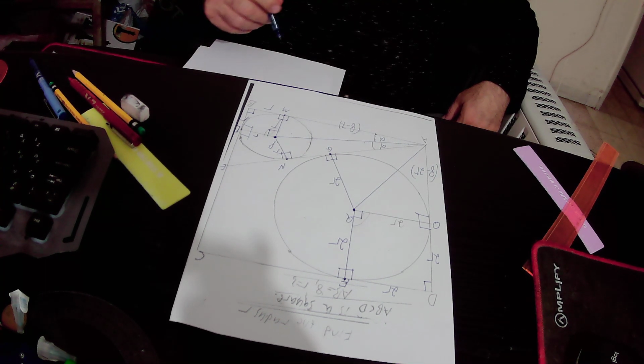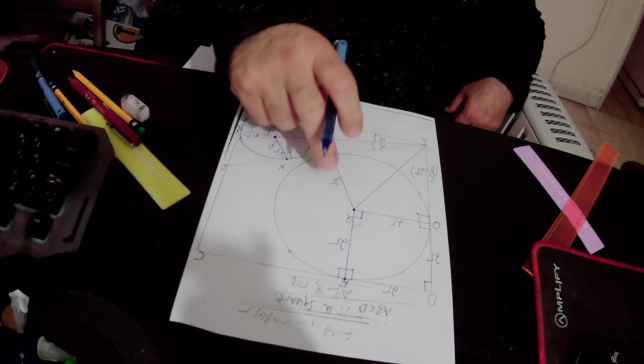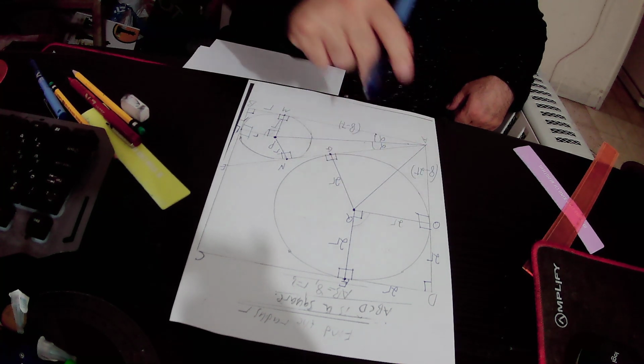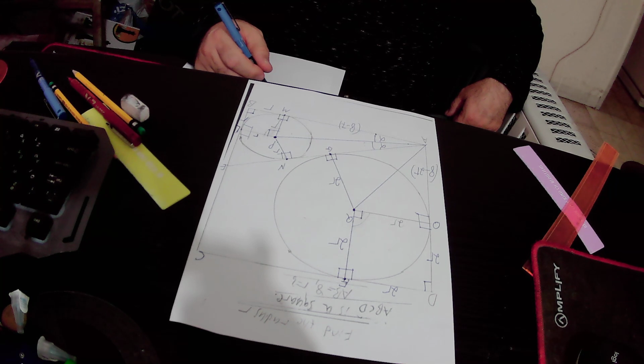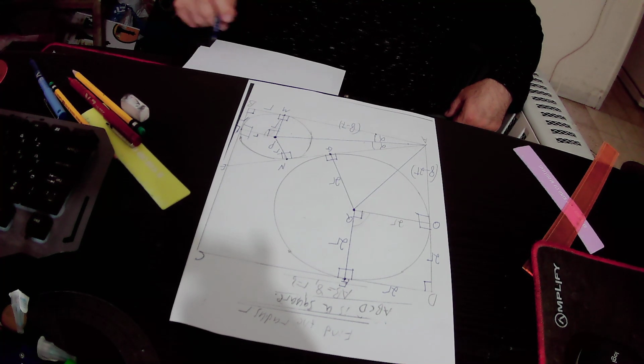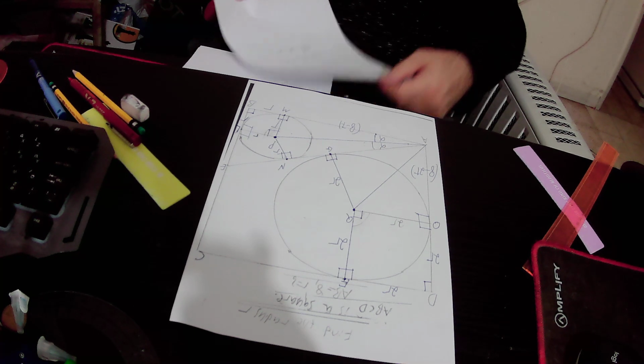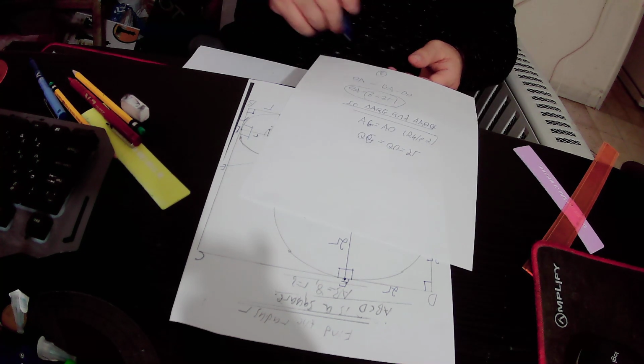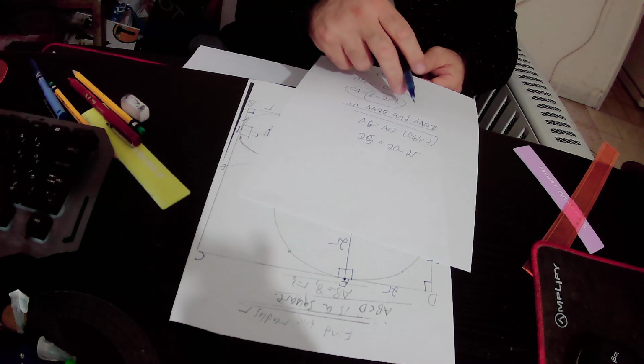And we also know that QG equals QO equals 2R, the radius of the big circle. QG equals QO equals the radius of the big circle, that is 2R.